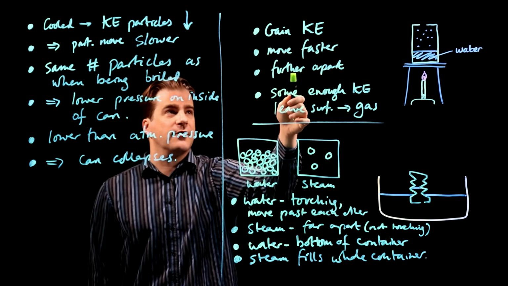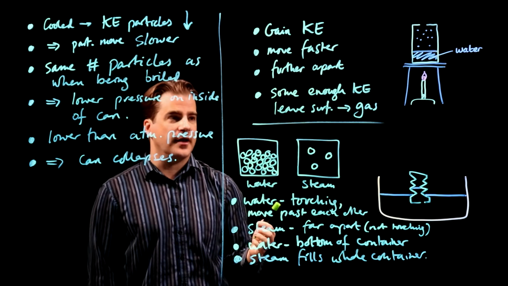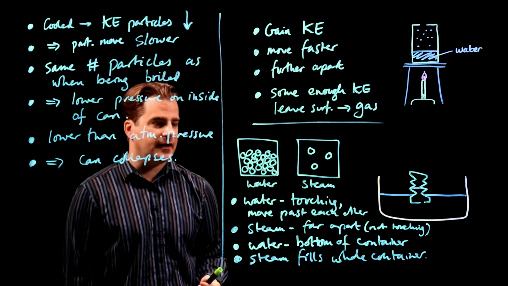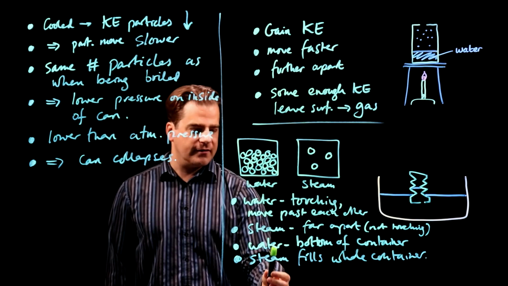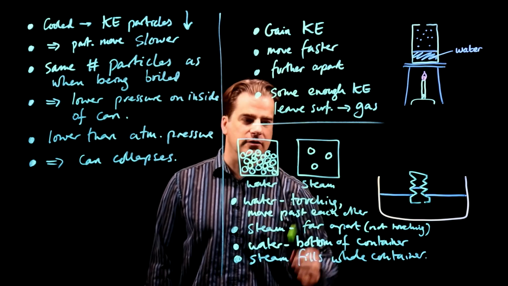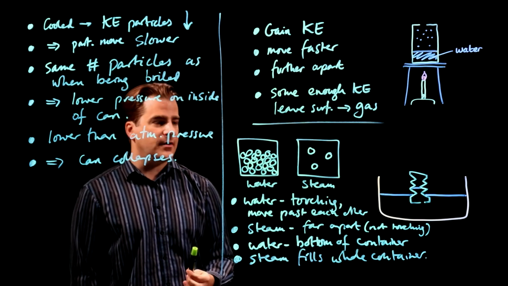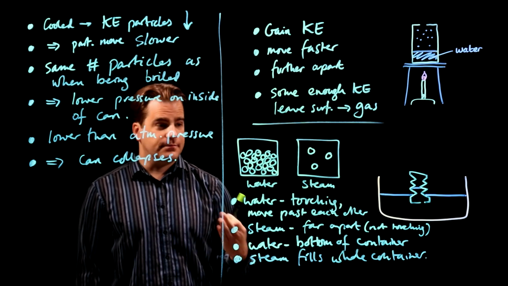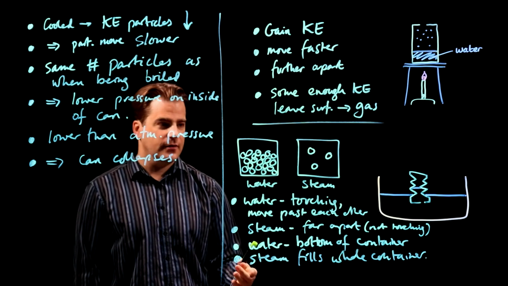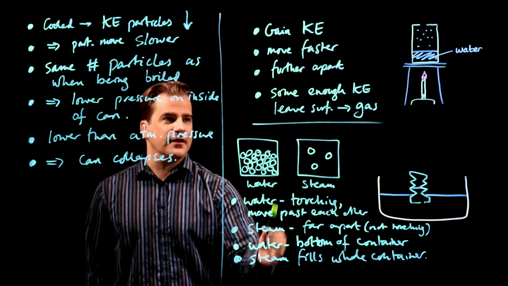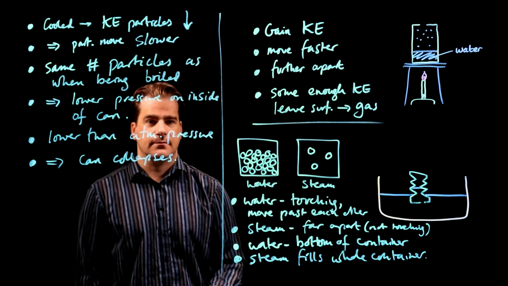That's sort of drilled into your brain. Get these down on paper, but that's not obvious. So that's the sort of thing you have to think up on the spot in the exam. And the same here. The fact that water fills the bottom of the container and steam fills the whole container. I think it's really difficult to get 3 marks, full marks for this question. But you've got to try. So when you're in your exam, try and think about that little extra thing that they could be looking for.